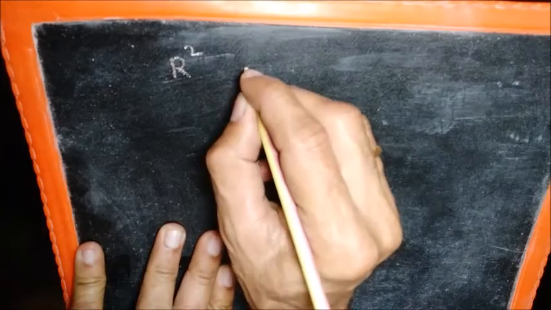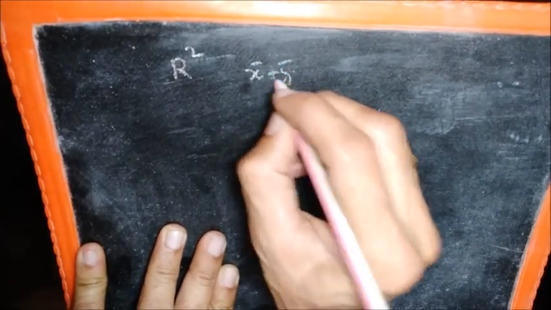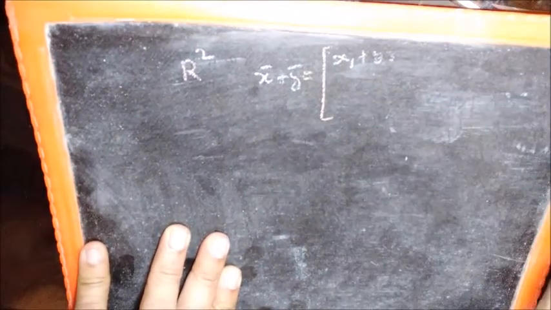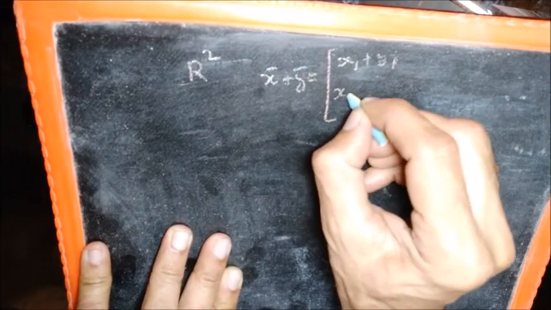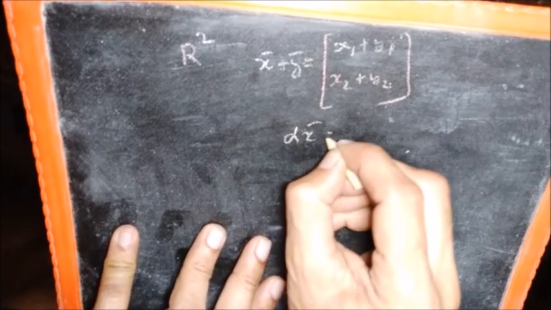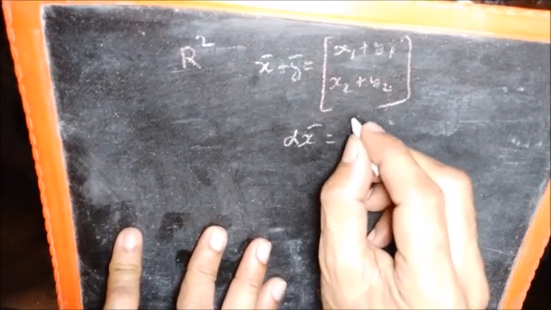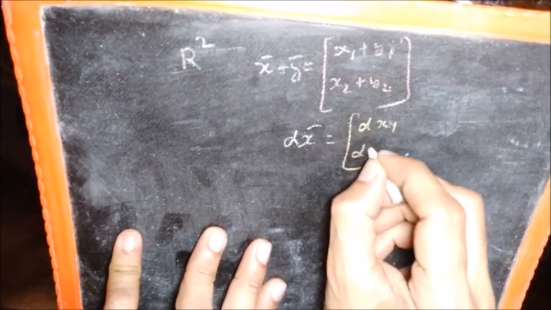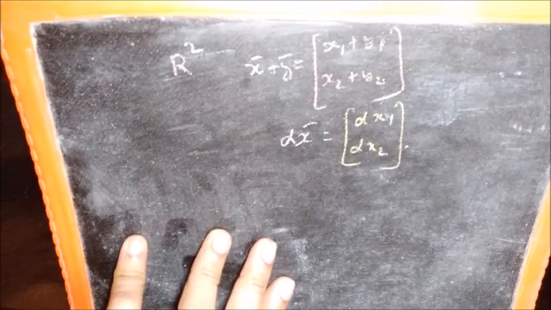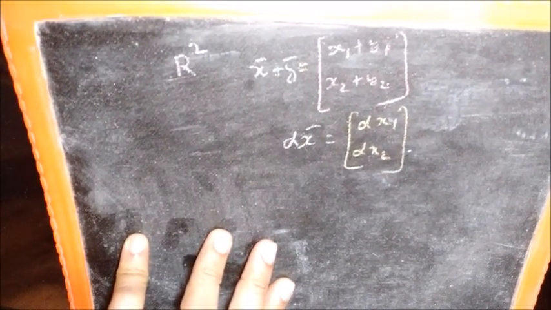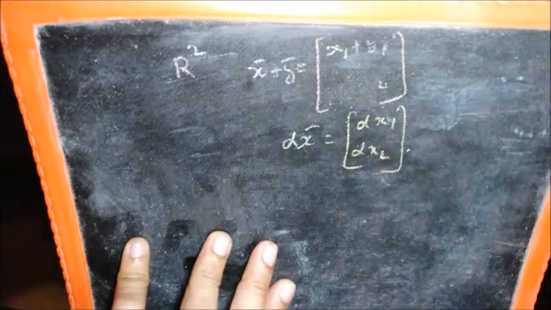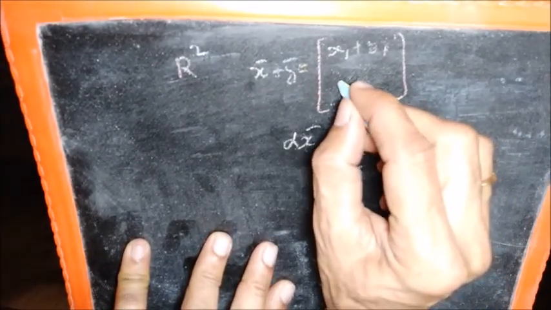Just to quickly recall, in the previous video we defined vector addition like this, and multiplication of a vector by a scalar, where alpha is a real scalar, we defined it like this. And when we defined it like this, we saw that the set of vectors in two-dimensional space comprised a vector space. Now here we are going to alter the definition, and we are going to define the vector addition like this.